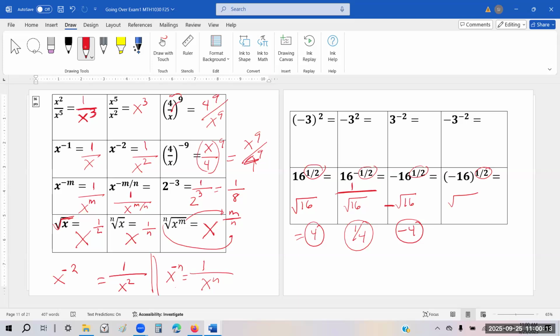Now our base is negative 16, so negative 16 goes inside your radical. What is square root of negative 16? Remember, they're asking you to find one number, multiply twice, and the answer is negative 16.